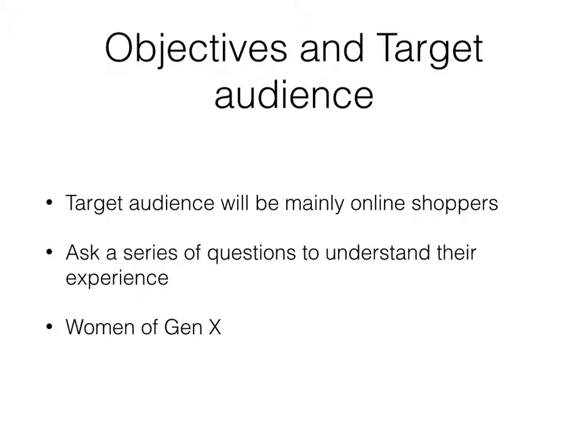So this is the woman who shops the most online. Why do they shop the most online? That's a question to answer for one. For two, we also have to understand what encourages these women, what can push them to shop even more online, what motivates them, why do other people not shop online.